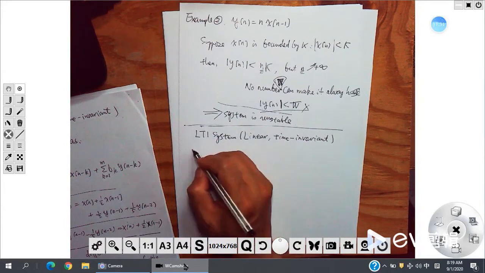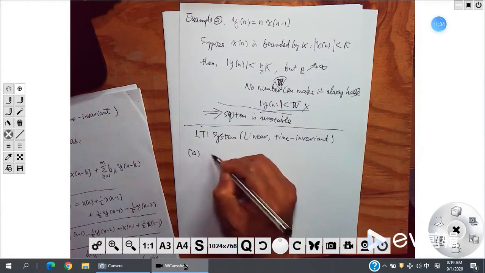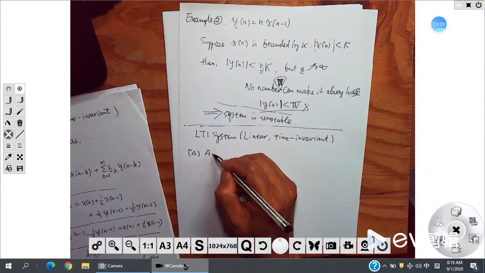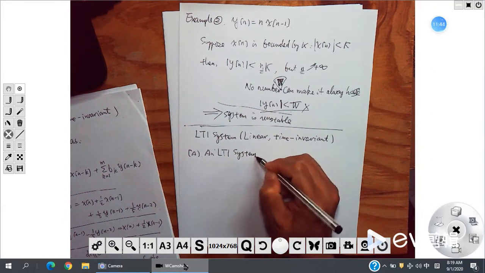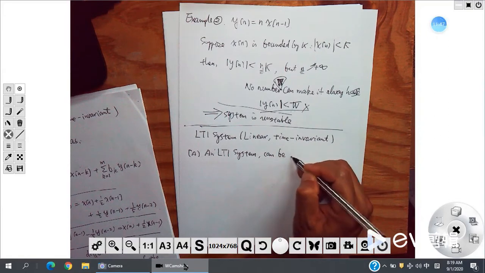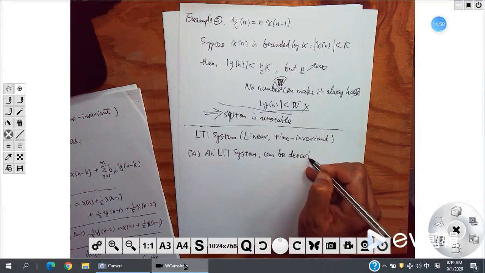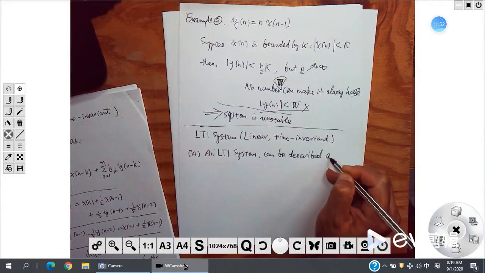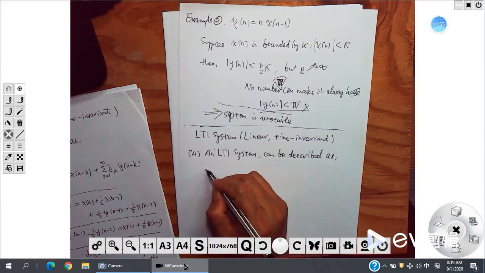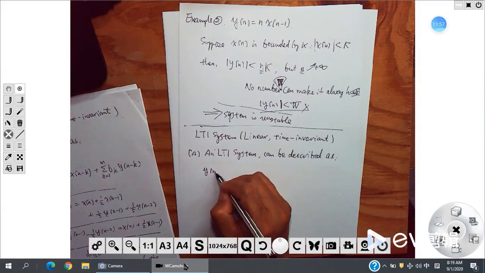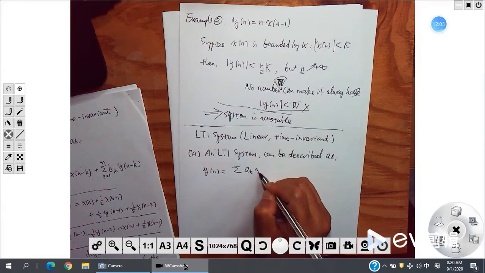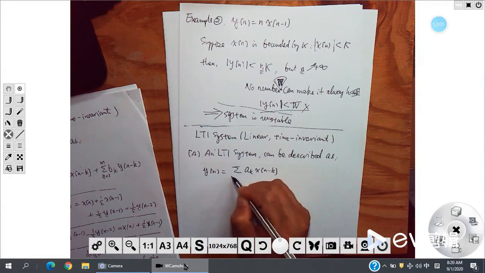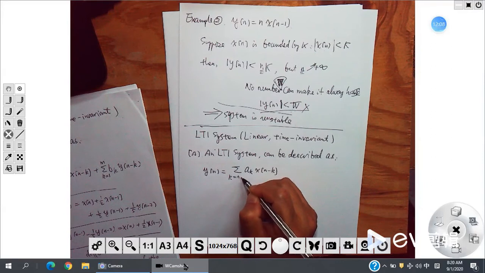Then we have the following. The first one: an LTI system can be described as this. y of n equals the sum of constant a_k times x of n minus k, where k runs from n1 to n2.